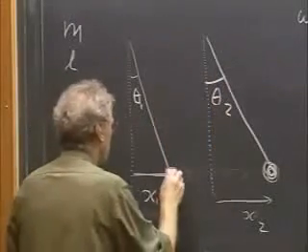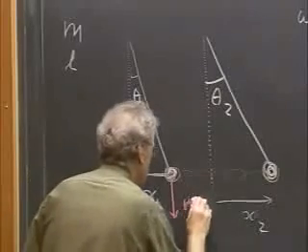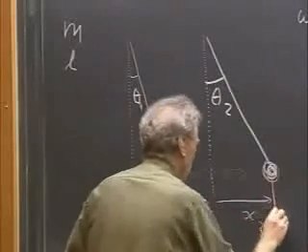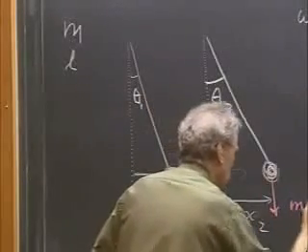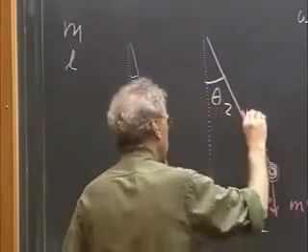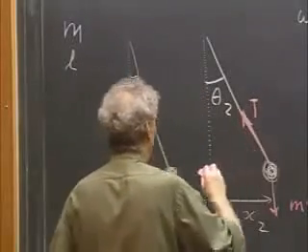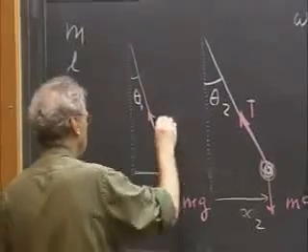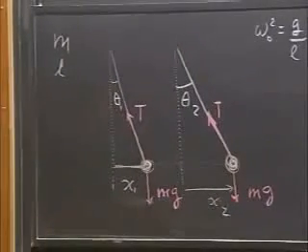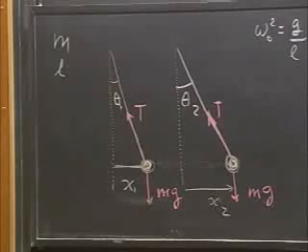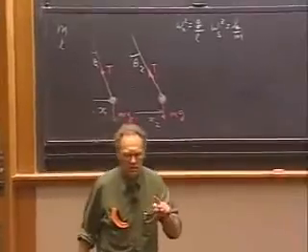And so we have here mg, we have here mg, we have here the tension, which is roughly mg for small angles, and we have here the tension, which is roughly mg. A little bit too big the way I drew it, but that's not so important now. And now, there is another force that acts on both.